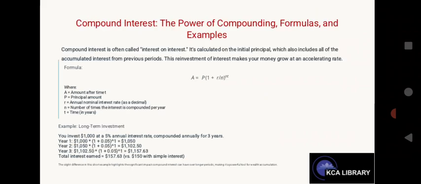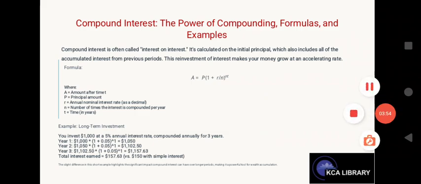Then compound interest, which we usually call interest on interest, is calculated on the initial principal, which also includes all of the accumulated interest from previous periods, unlike simple interest. So this reinvestment of interest makes your money grow at an accelerated or exponential rate.